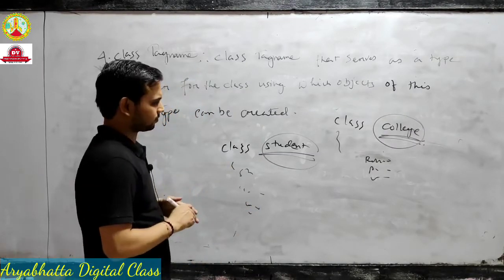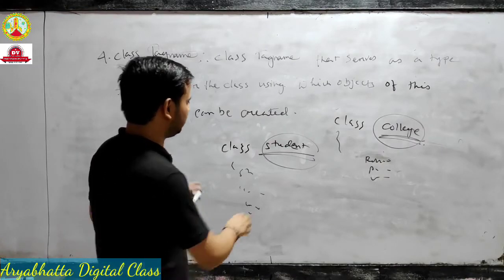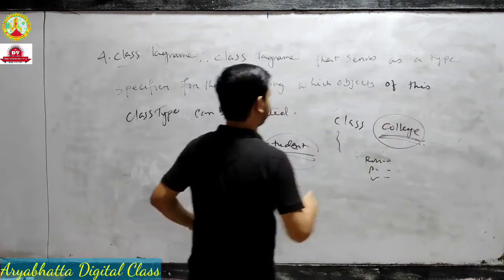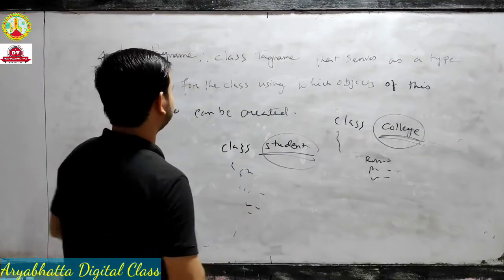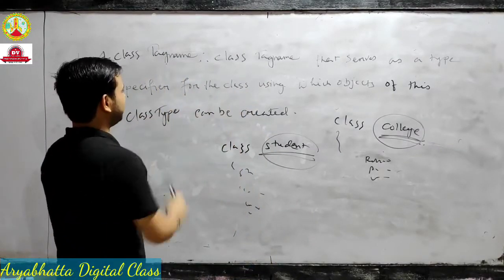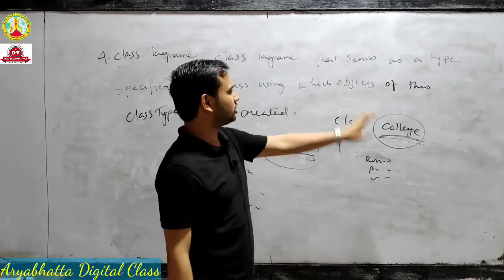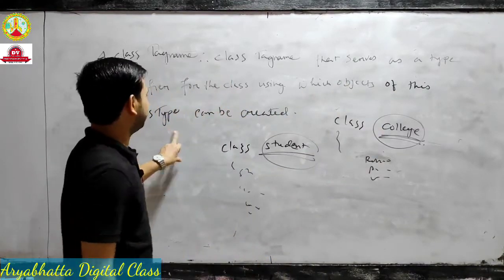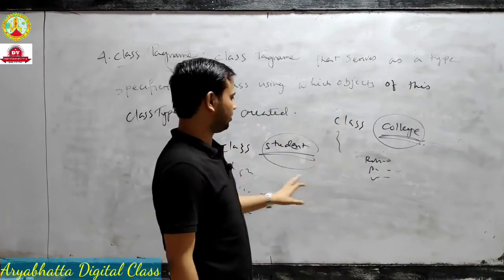This class is user defined. This is the class tag name. This is actually a simple concept. That class tag name serves as a type specifier for the class using which objects of this class type can be created.